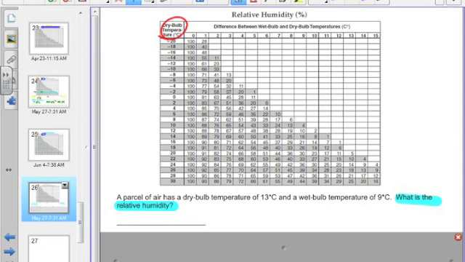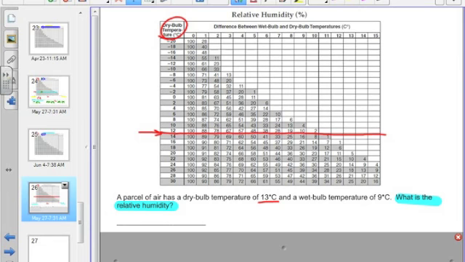So our dry bulb temperature is 13 degrees Celsius in this problem. That means I'm going to be keeping my eye on what's going on between the row and the values for a dry bulb of 12 degrees and the row and the values of a dry bulb of 14 degrees. So I think I'm just going to highlight the in-between position right here, because that's where we're going to keep our eyes.